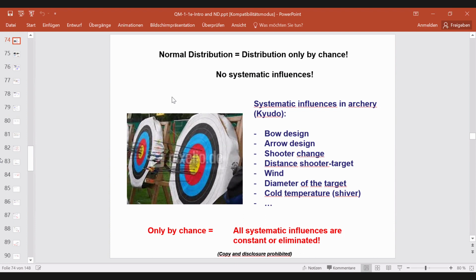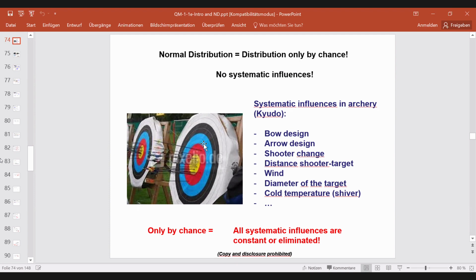If you think here of shooting an arrow to a target, in English it is called archery, in Japan it is called kyudo. You take a bow and an arrow and you shoot to a target. What are systematic influences? If you do 10 shots or 20 shots, you will never have the same position of the arrow on the target.